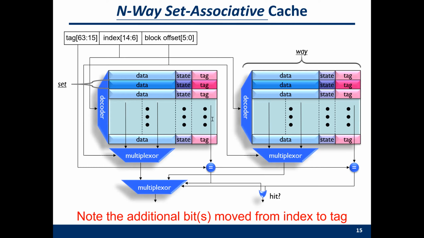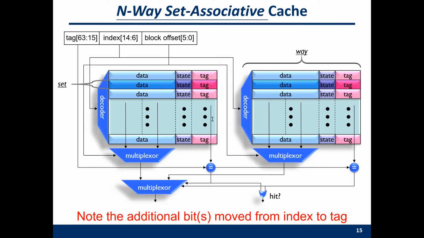The set concept is just a mode concept. You do a mode and then you can find your set. This is your set, which is set 0, because the result here is the mode result. So this is the same as the direct map cache, but the difference is that in this set, you have two entries, and these two entries are so-called fully associated.